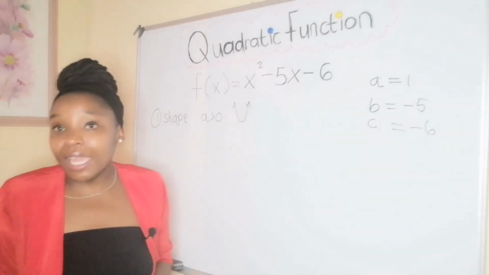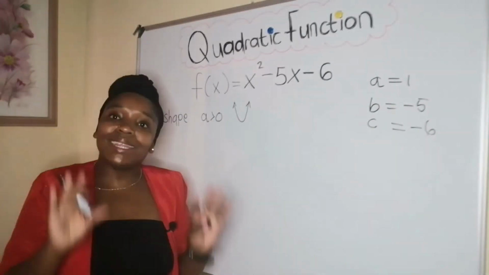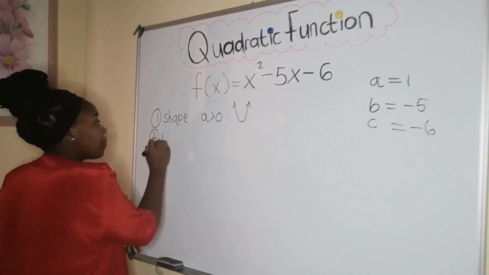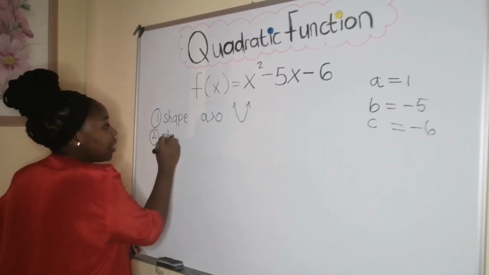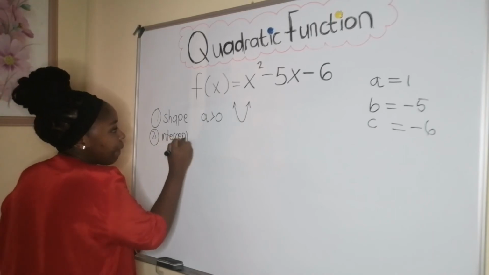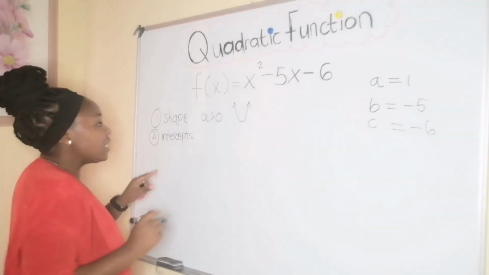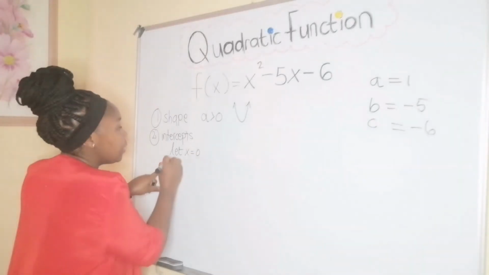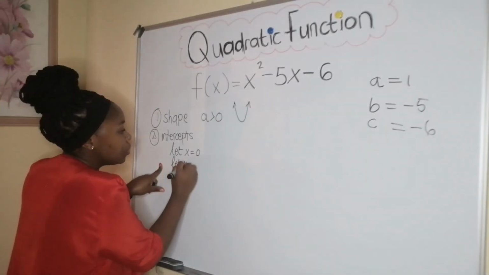The second thing that you need to do is get the x and the y intercepts, right? You find your intercepts by letting your x equal to 0 or by letting your y equal to 0.